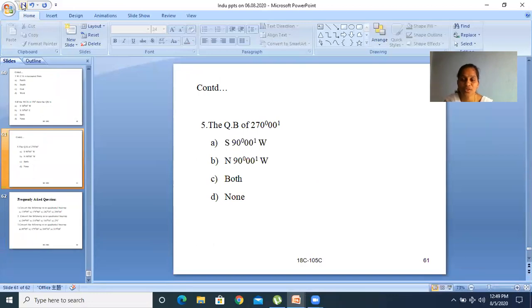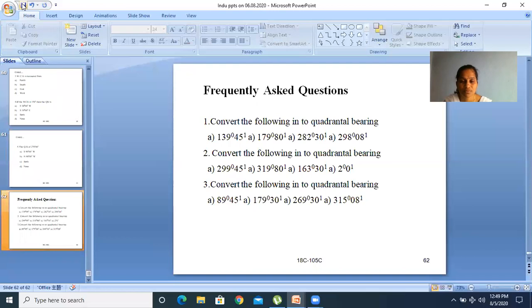The fourth quadrant is 270 to 360. The quadrants are north, west, northwest. So that is B. So these are some frequently asked questions. You can go through them and practice.